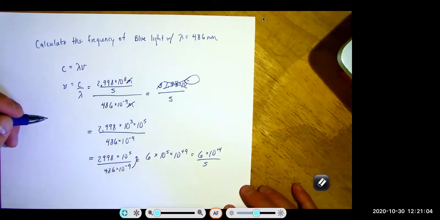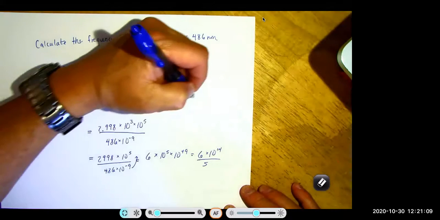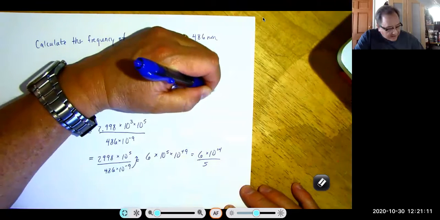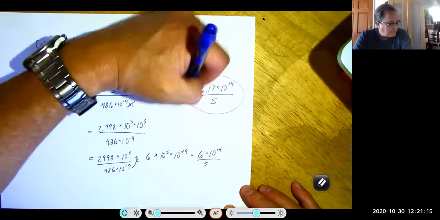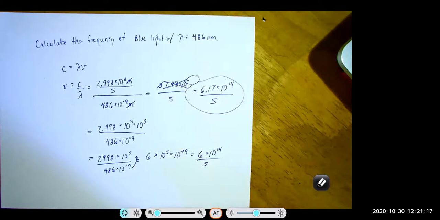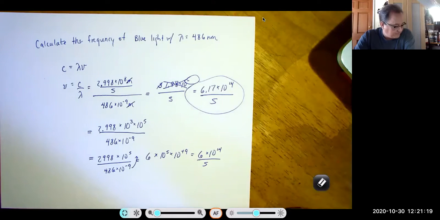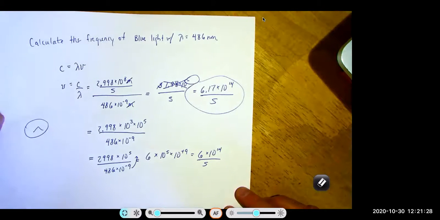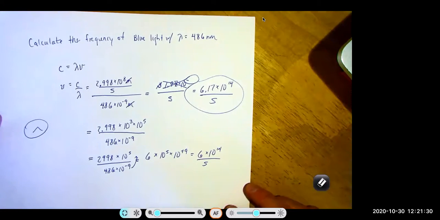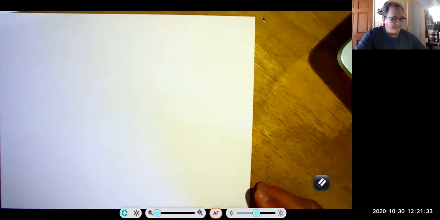I got 6.17 times 10 to the 14. And that's per second. So there's your answer. I messed up on the calculation. When you messed up, did you use the caret thing? No, my calculator we can put it on power like this, but I messed up on the division, so I put multiplication instead of it.